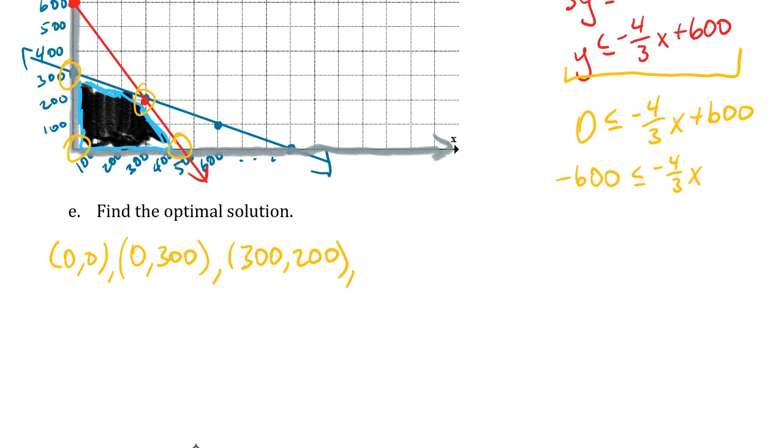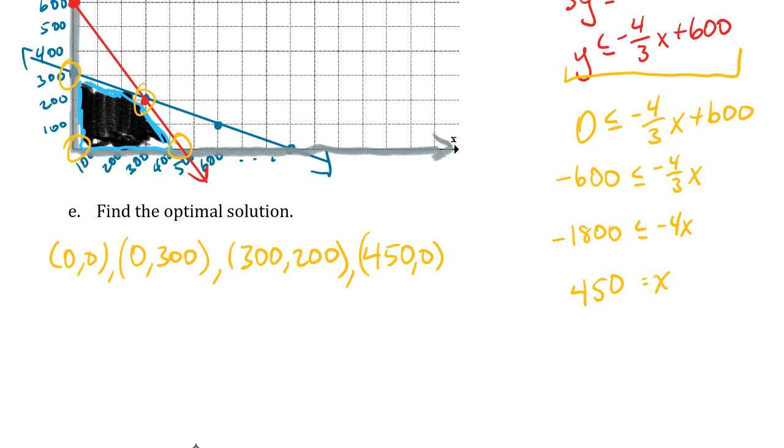We can multiply both sides by 3 just to get rid of the fraction. And then divide both sides by negative 4. And if we do that, we're going to get 450 is our x, so 450, 0 is that point.